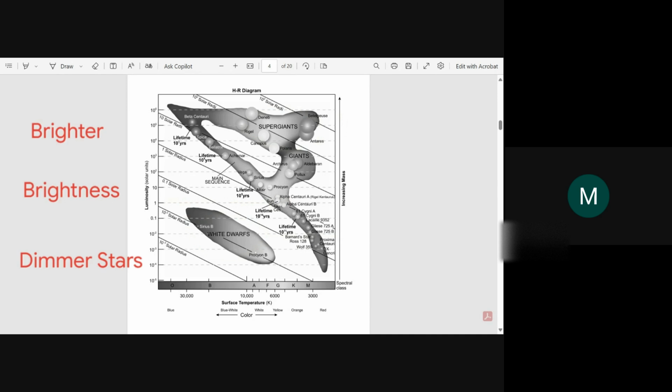You can see that if you read across, brighter stars tend to be larger, like your supergiants and your giants. Your dimmer stars would be, for example, your white dwarfs.